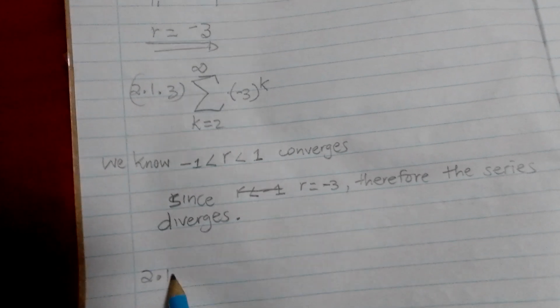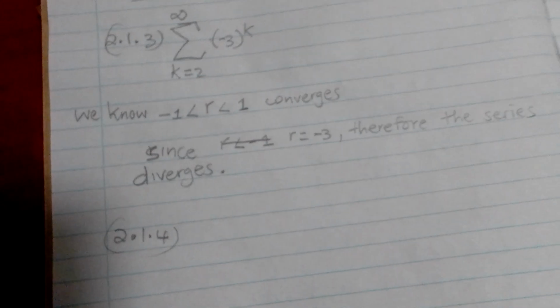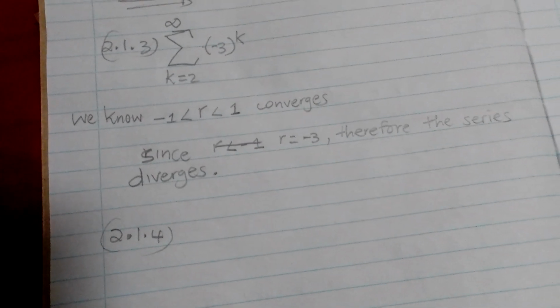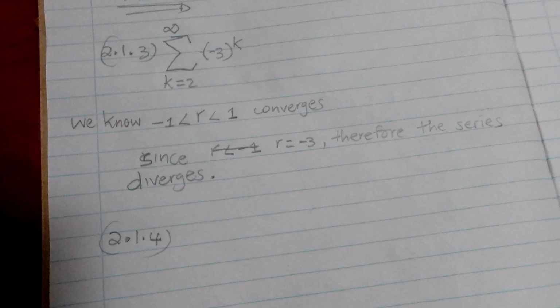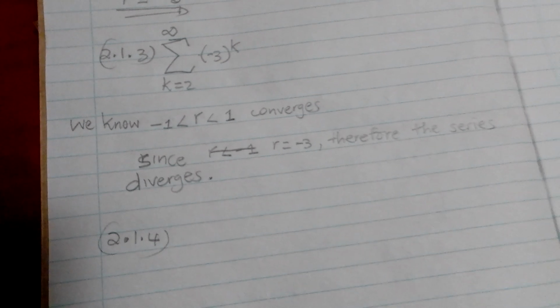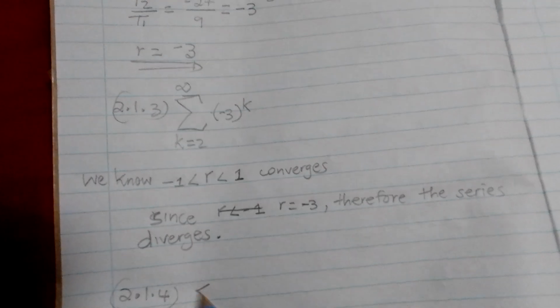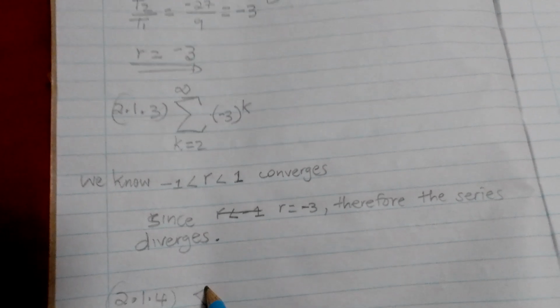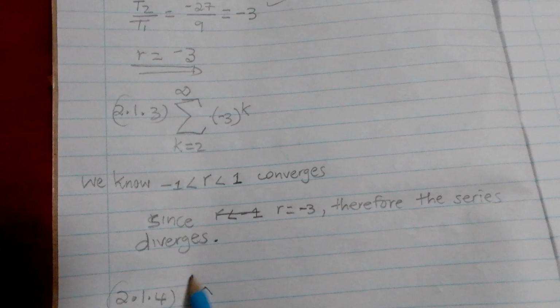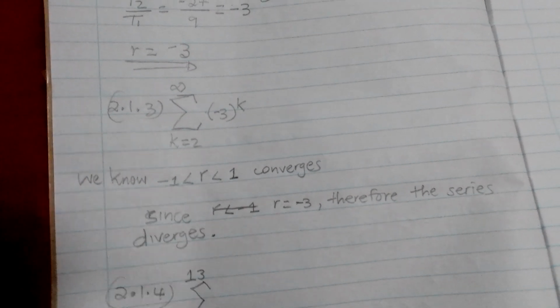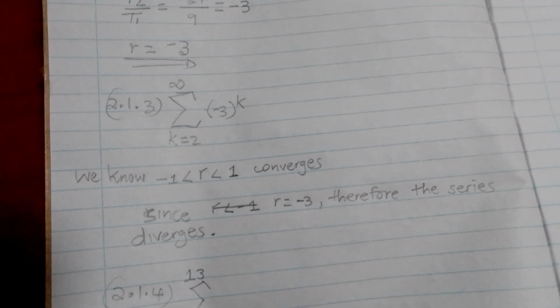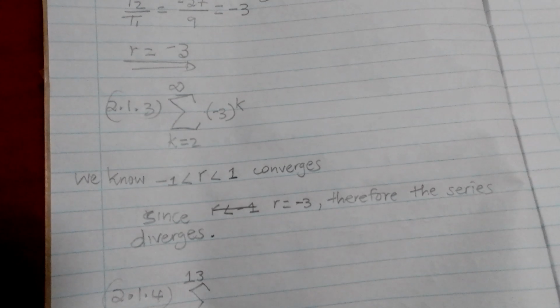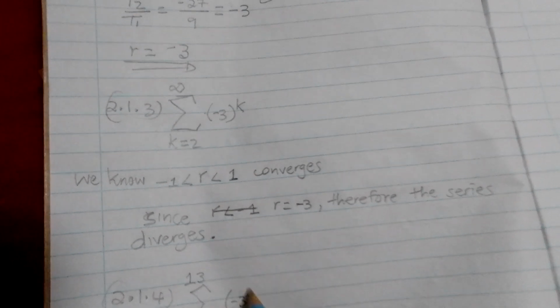Now 2.1.4 says calculate this times x, give your answer in terms of x, right? So we're given the same thing, but now it's being multiplied by an x. So it's the sum of the first 13 terms of the same series multiplied by an x.